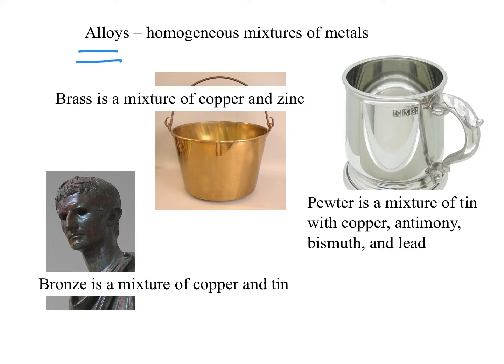An alloy is a homogeneous mixture of metals. These metals mix together homogeneously, so uniform. And three common alloys are brass, bronze, and pewter. Others are stainless steel, chrome. When we talk about chrome wheels, chrome is an alloy.